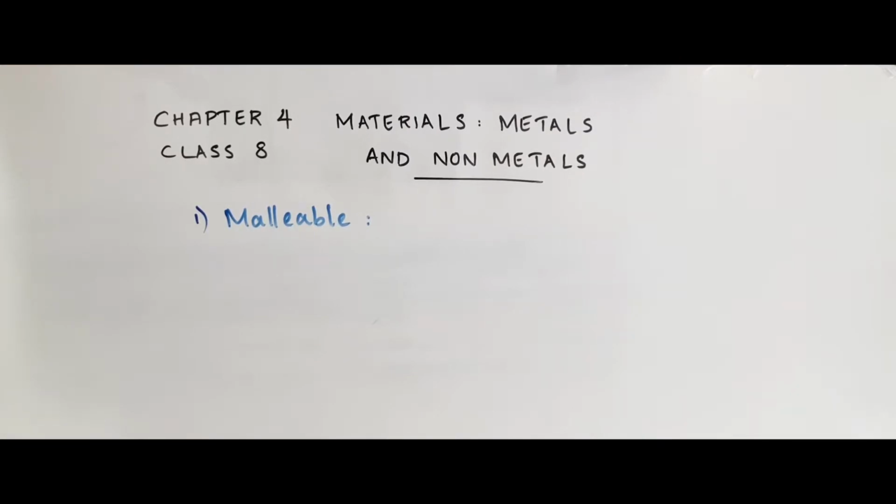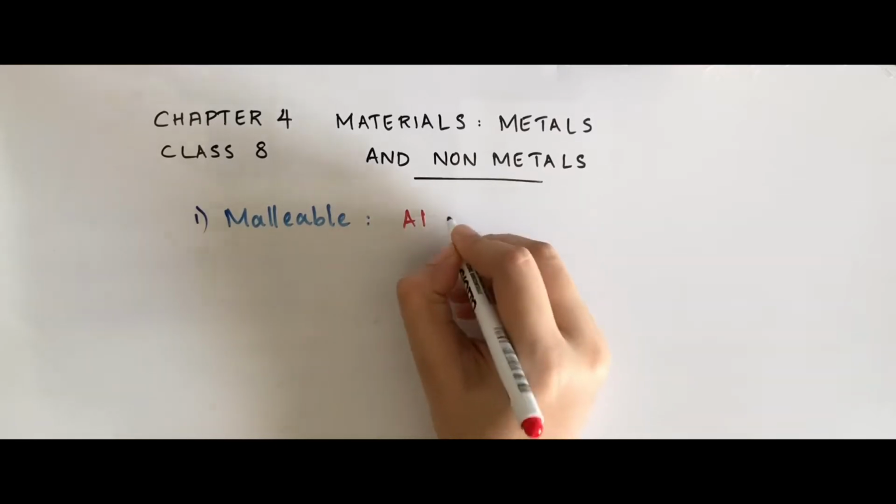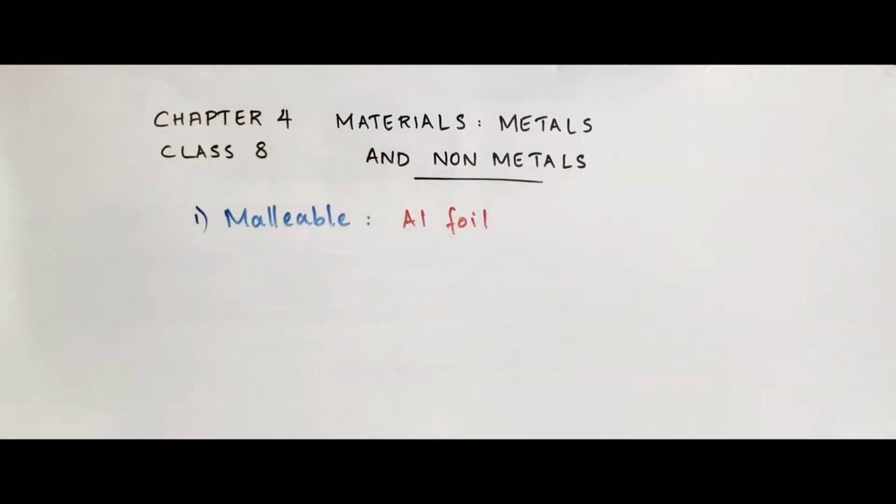The very common example is aluminium foil, which we use in the kitchen. We use it for a wide variety of purposes, for wrapping food materials, etc. These are very thin sheets which have been changed from aluminium to aluminium foil. So that is a physical property which we can see. What are other examples?